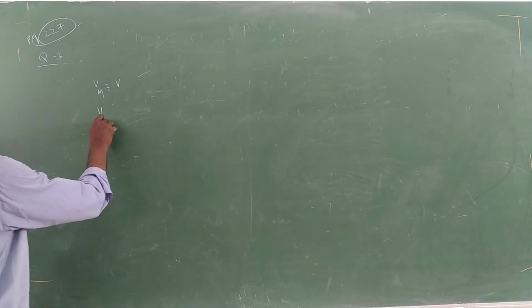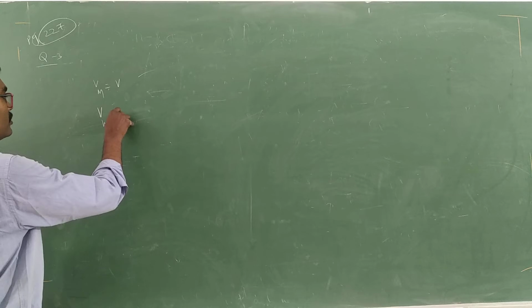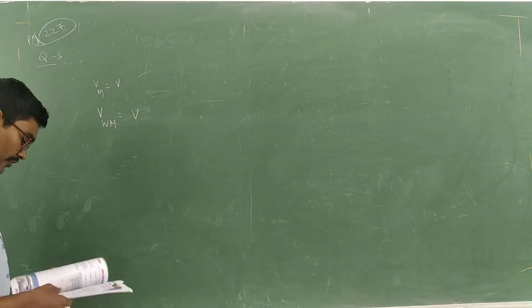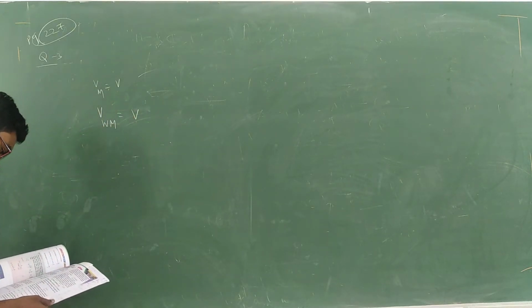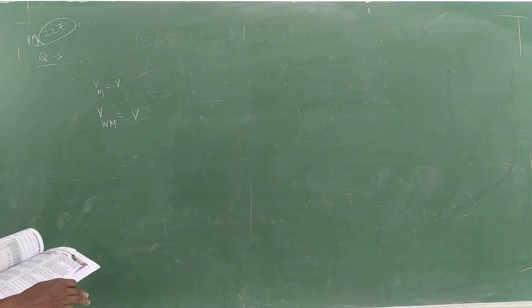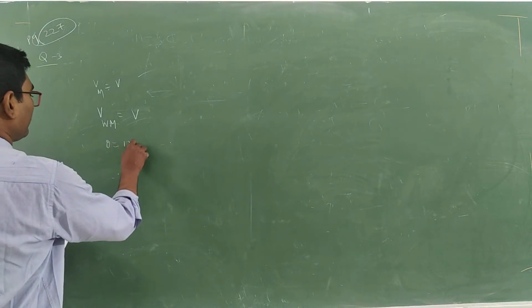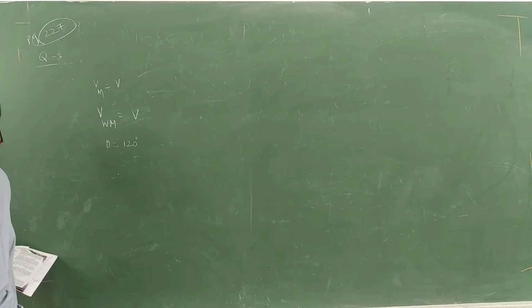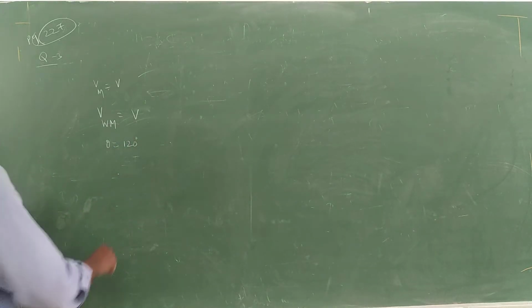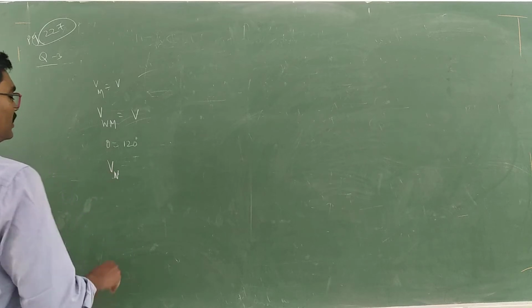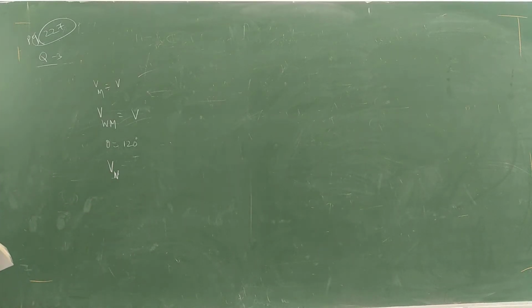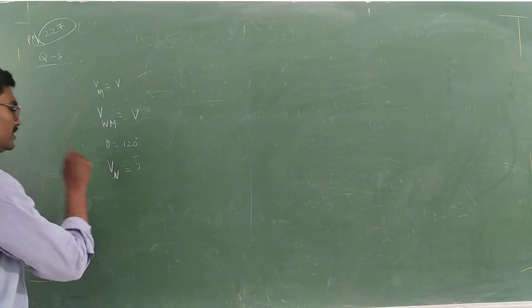So the velocity of the wind with respect to man is given, that is also v. And the inclination is 120 degrees, so theta is given as 120 degrees. Now find the original velocity of the wind, the velocity of the wind with respect to ground, they are asking. Okay, so how to calculate this?